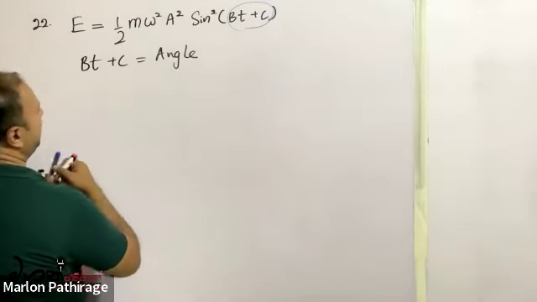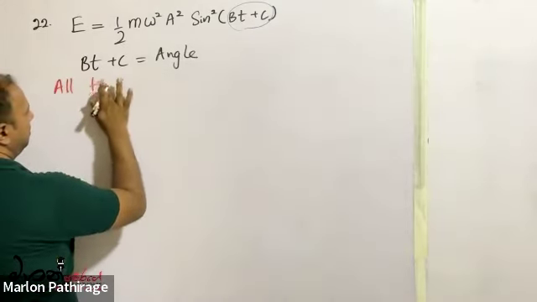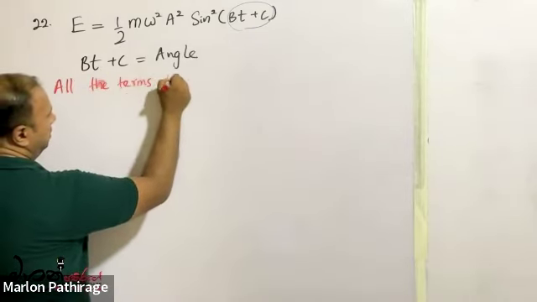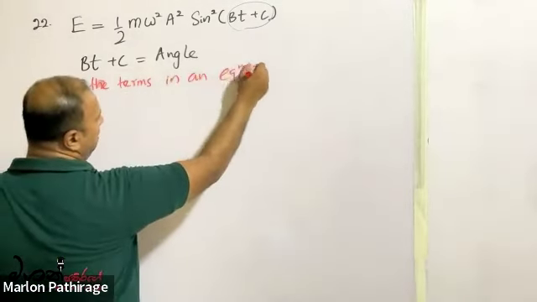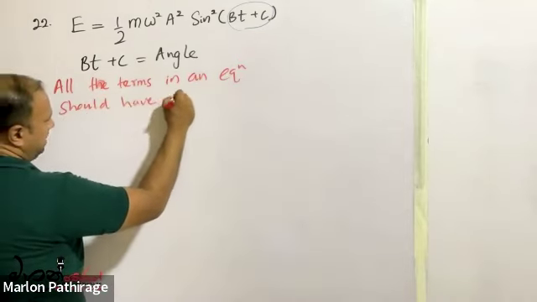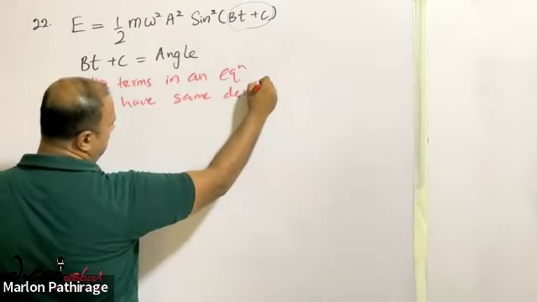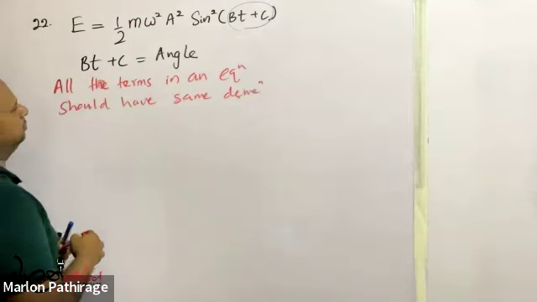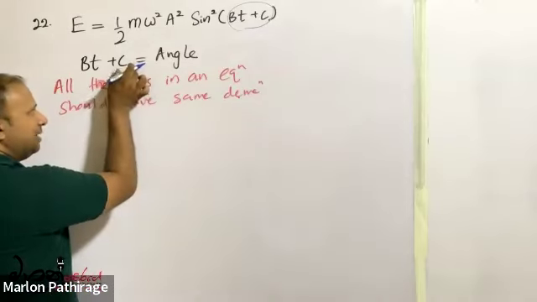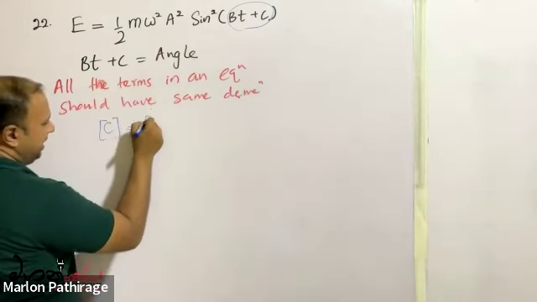Therefore, I can write: all the terms in an equation should have the same dimension. So based on that argument, C is an angle, and the Bt product is also an angle.